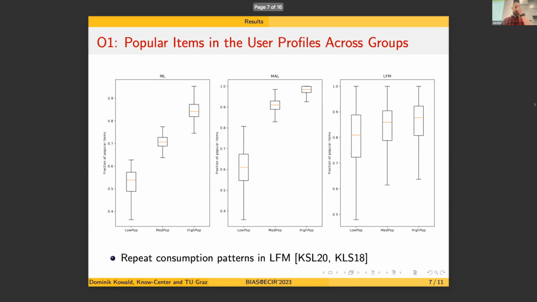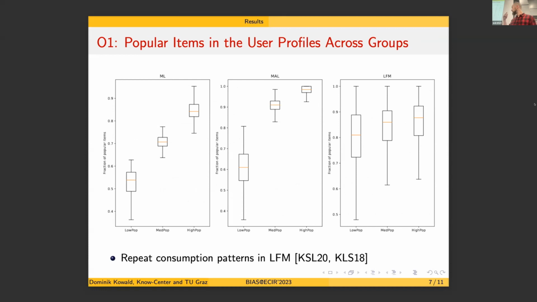So we further investigated this by looking at the fraction of popular items in the different user profiles for the different user groups, which we see here. And in case of MovieLens and MyAnimeList, this makes perfect sense. So the user groups are clearly separated. And the high popularity group, as expected, has the highest fraction of popular items in the user profiles.